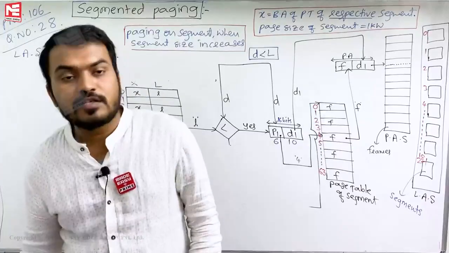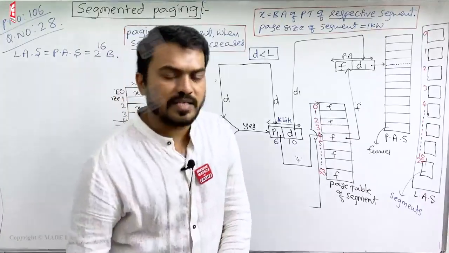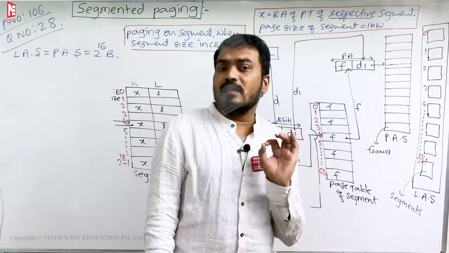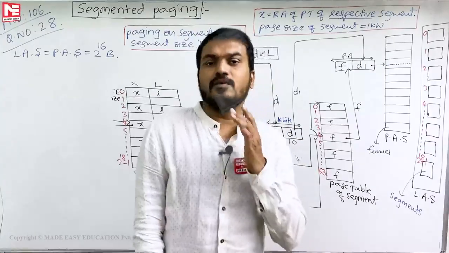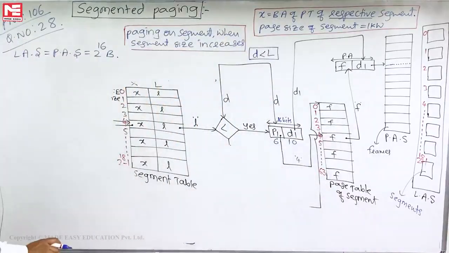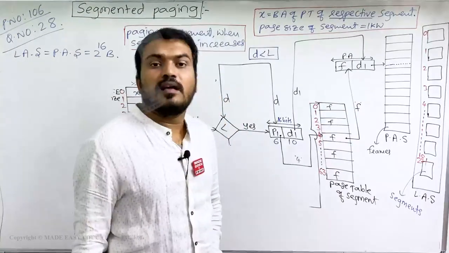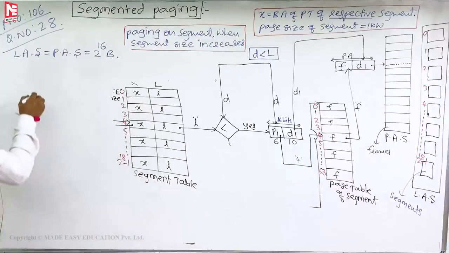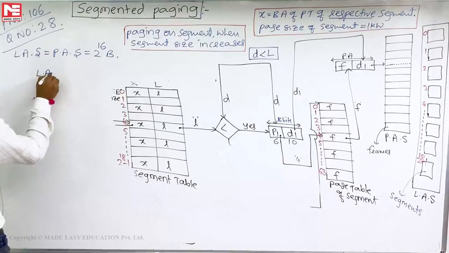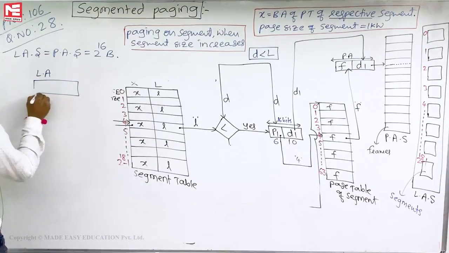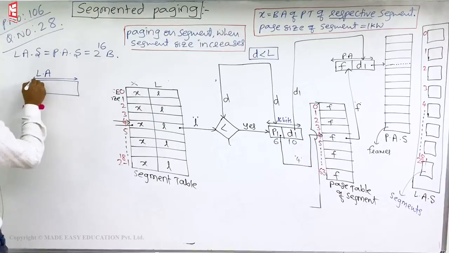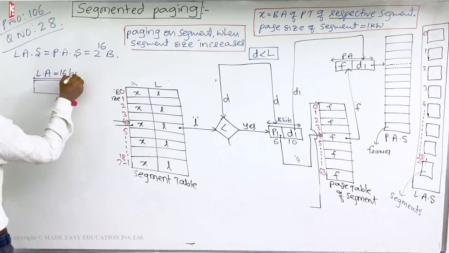Virtual address space मतलब LAS, logical address space. So logical address space LAS is divided into 8 equal size segments. Now understand here, logical address will be how much? Logical address 16 bits.